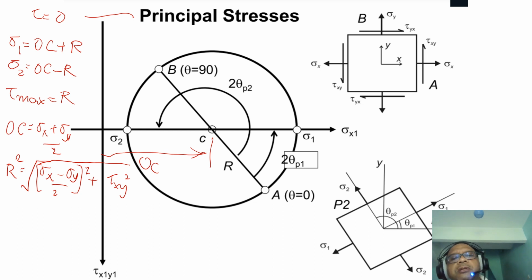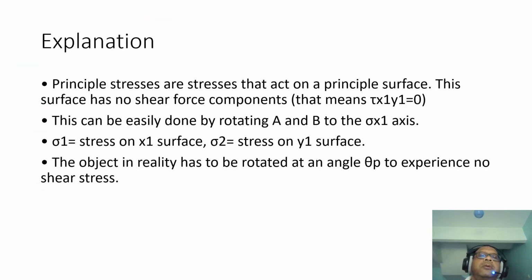Again, it is called principal stress, where your values are sigma 1 or sigma 2. You look at here, this is sigma 1 and sigma 2. Okay, so principal stresses are stresses that act on a principal surface.